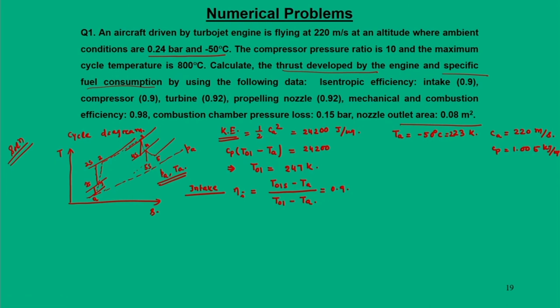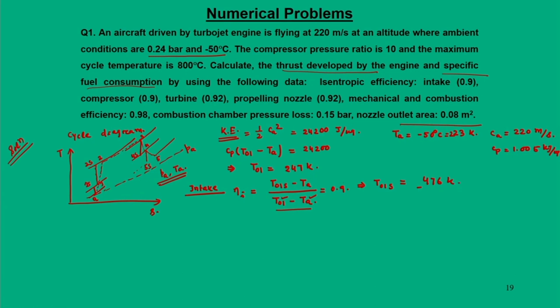So from this we can calculate T01S minus Ta: we know T01, we know Ta, we have efficiency 0.9. So we can directly calculate this number, T01S is 476 Kelvin.